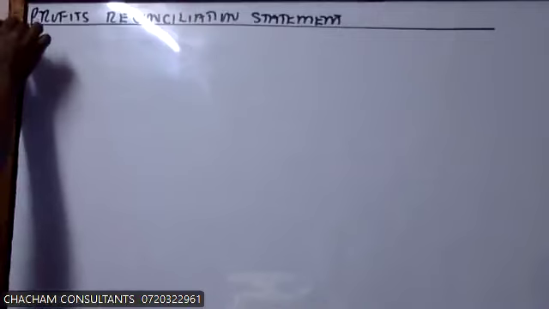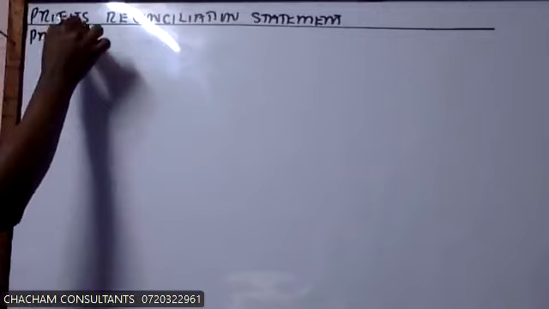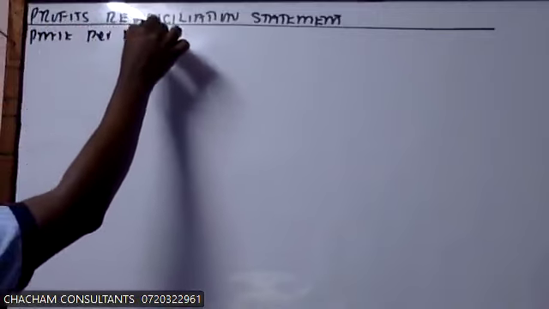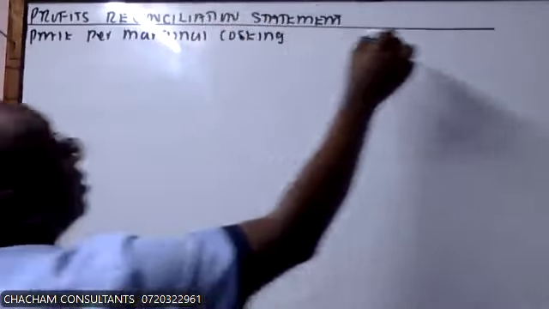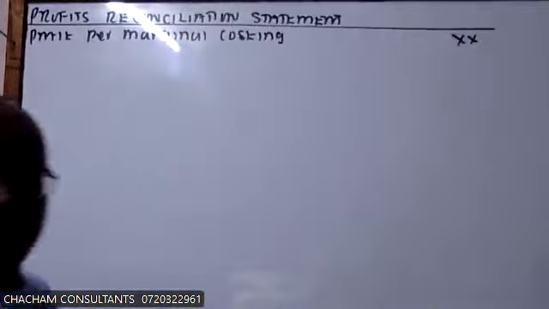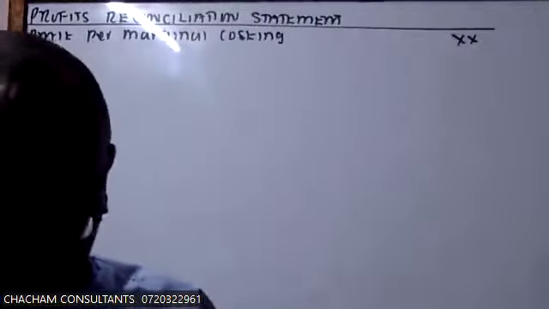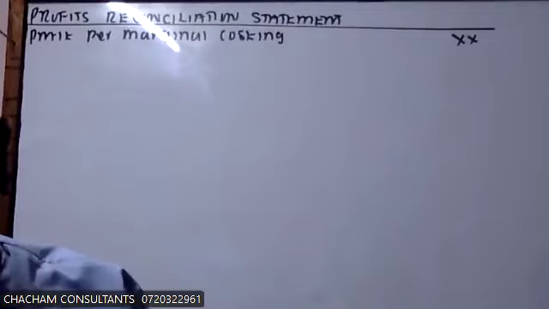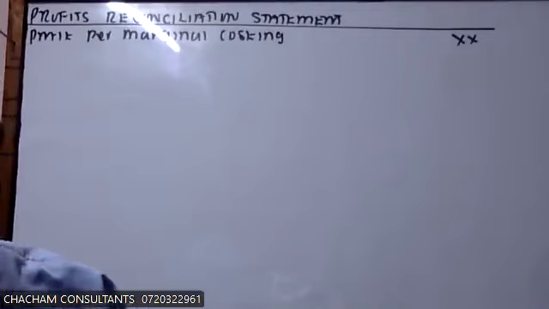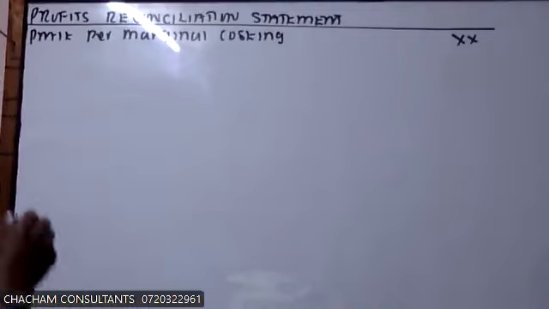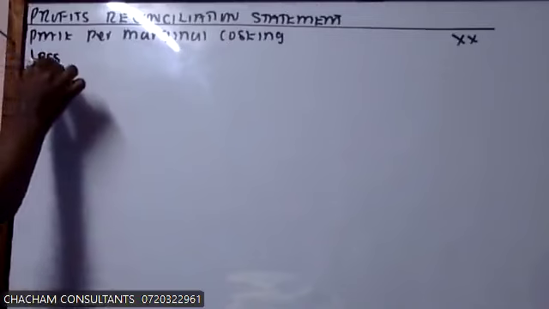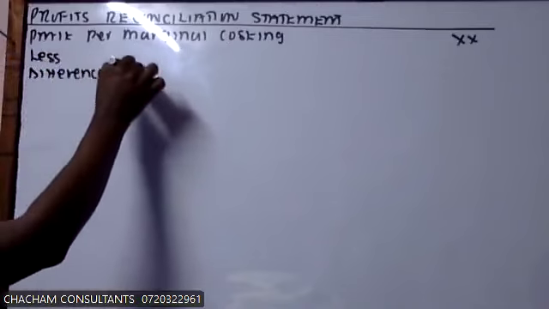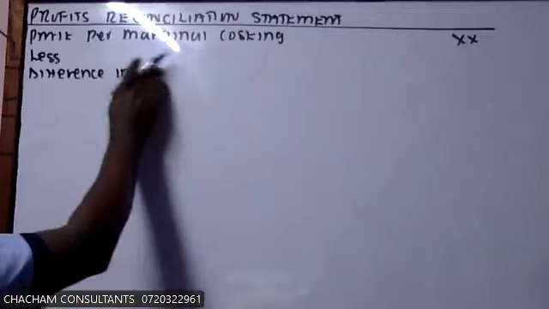We normally start with the profit per marginal costing. You less difference in opening stocks.